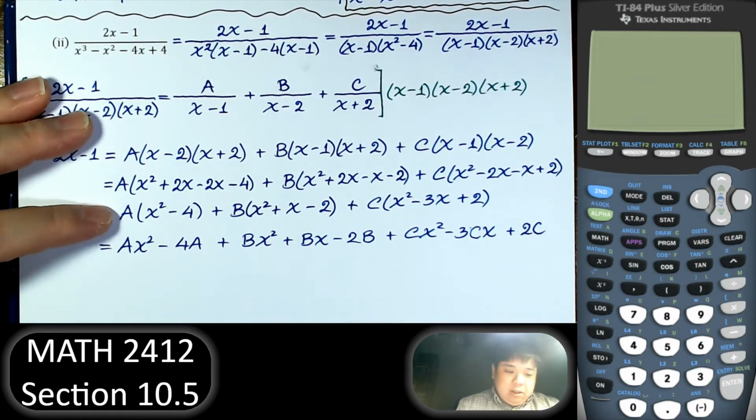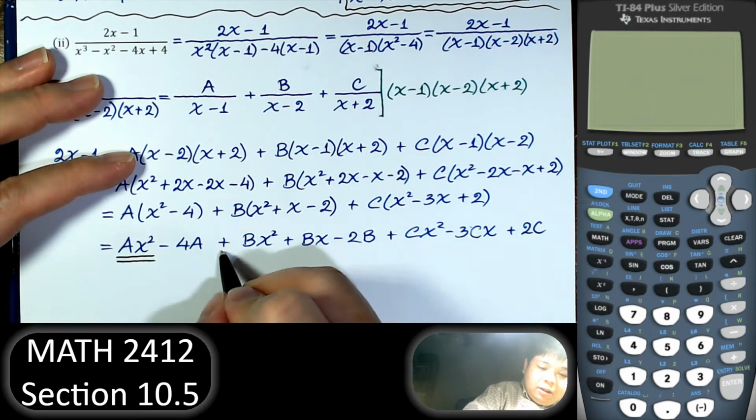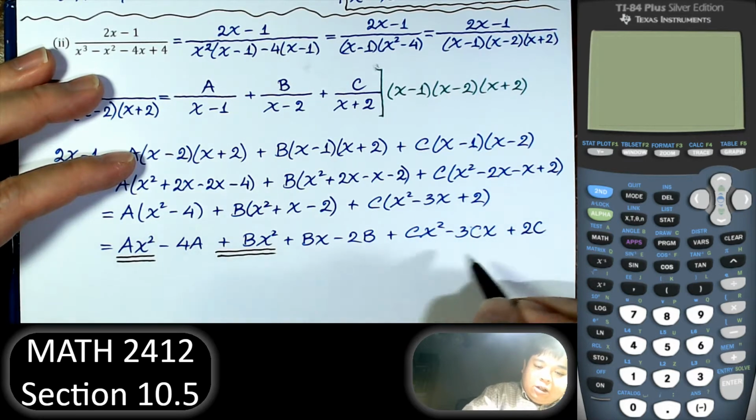Now combine like terms. x squared, those are the terms we have.